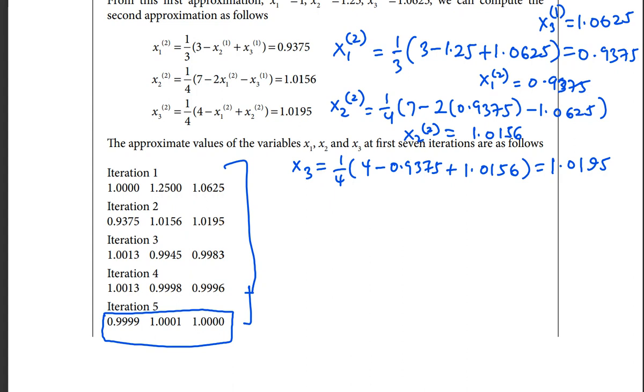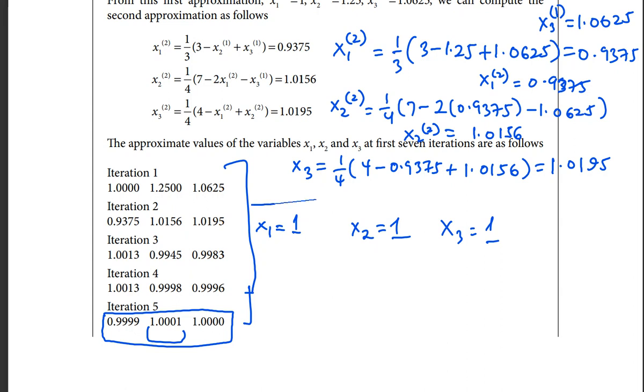The question also says that the answers you get should satisfy the equation. So when I run 0.9999 to 3 decimal places, you are going to get 1. So our x1 will be equal to 1, our x2 also will be equal to 1 after rounding to 3 decimal places, and x3 also will be equal to 1.